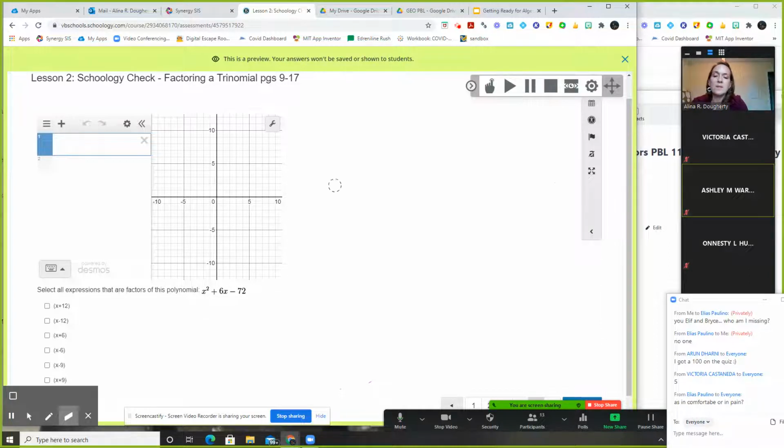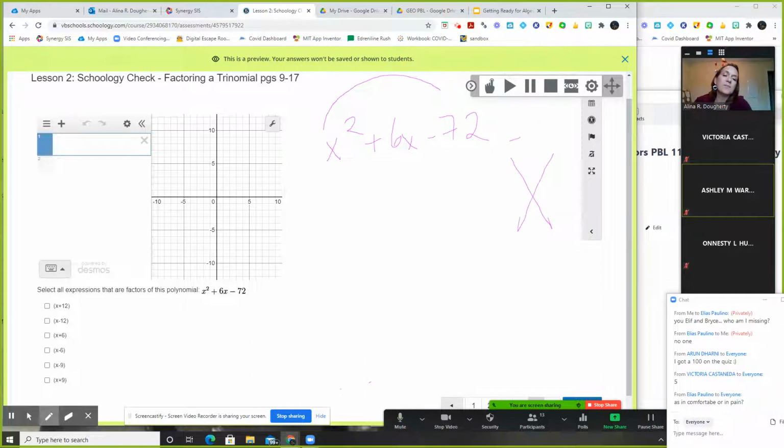All right. X squared plus 6x minus 72. What adds up to negative 72? Or multiplies to negative 72 and adds up to 6. 72 is a bigger number, so we've got to work this a little bit.